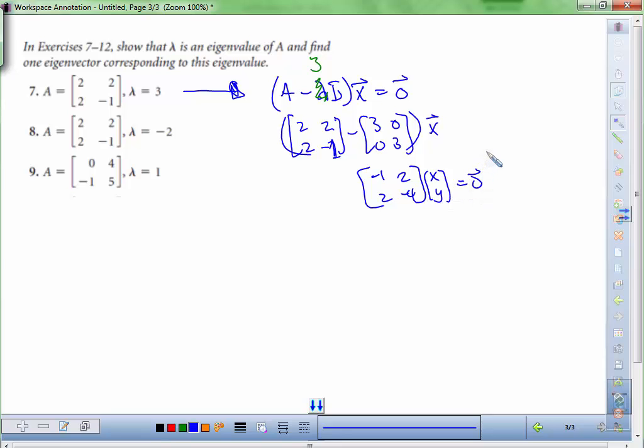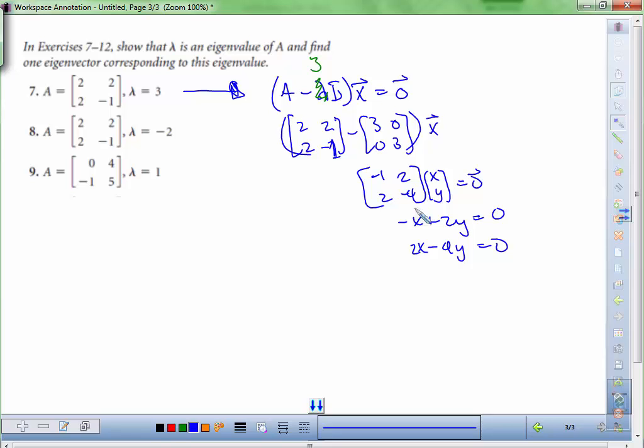So we're essentially looking for a solution here. We're looking for a vector in the null space of this matrix because it's set equal to 0. So we have minus x plus 2y equal to 0, or 2x minus 4y equal to 0.